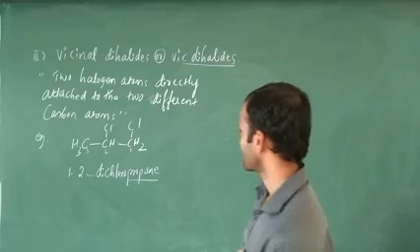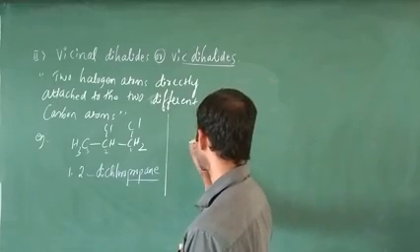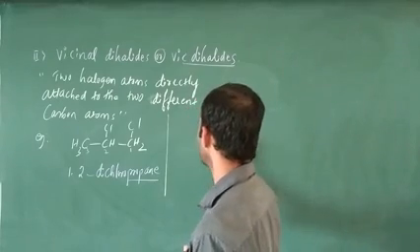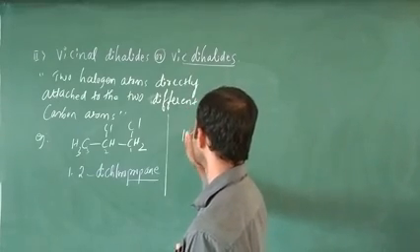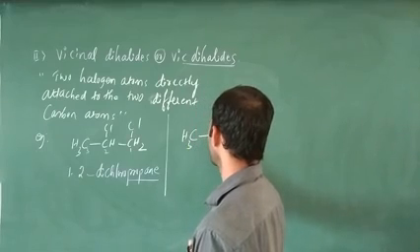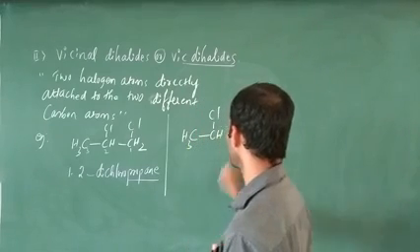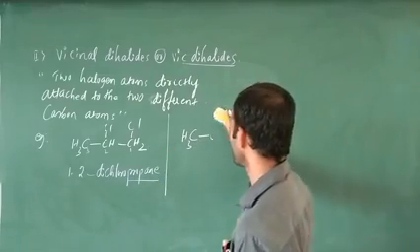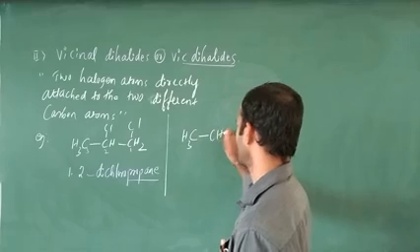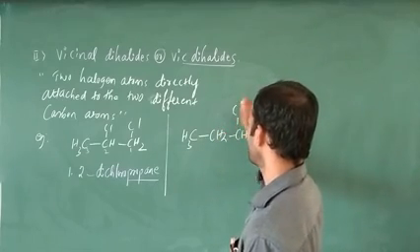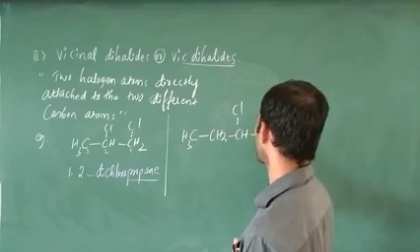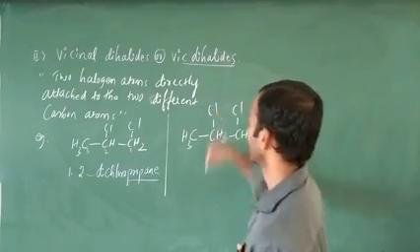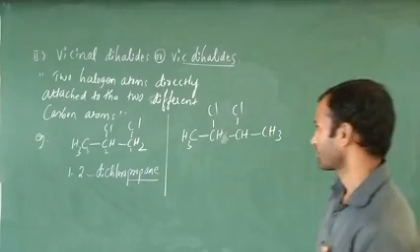Take another example of vicinal dihalides: CH3, then CH with Cl, then CH with Cl, then CH3. Now this is a different, variety example.